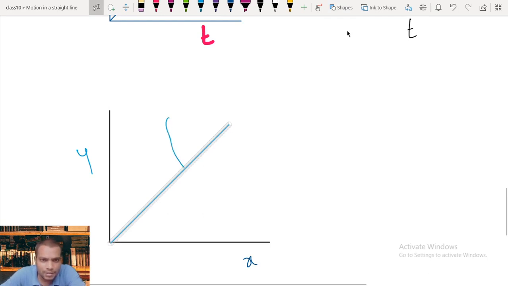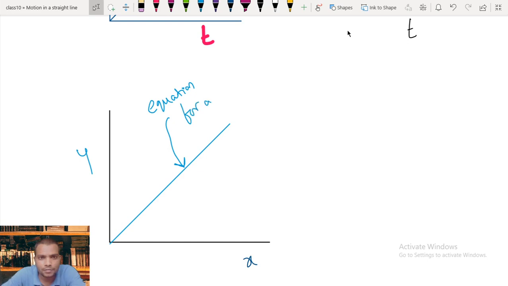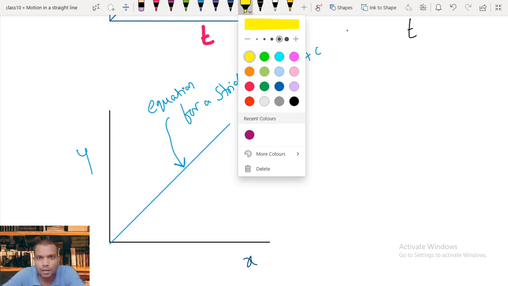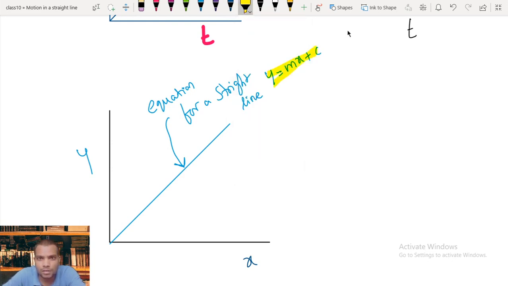In mathematics, this straight line can be represented with an equation. What is the equation for a straight line? That is y equal to mx plus c. Yeah, this equation we know.